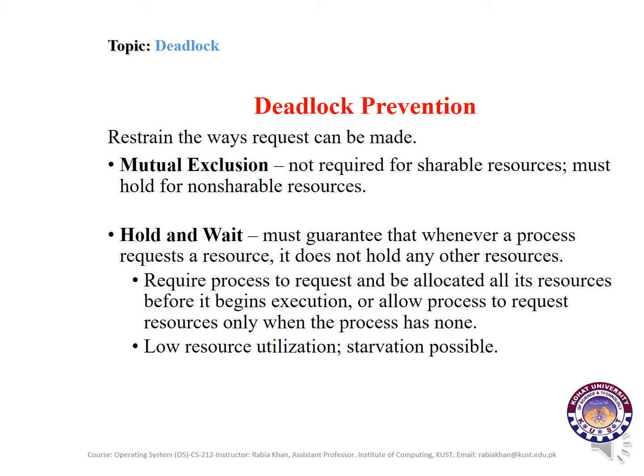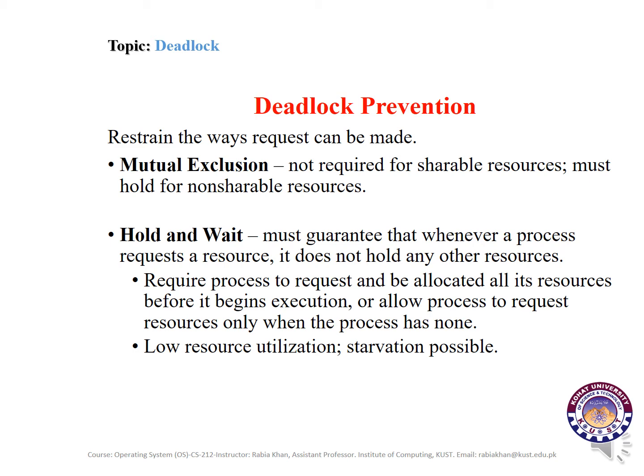The solution is that we can differentiate among resources by categorizing them into two main categories: shareable resources and non-shareable resources. Shareable resources are those which can be accessed by more than one process at a time, and this will never result in inconsistency of the resource.